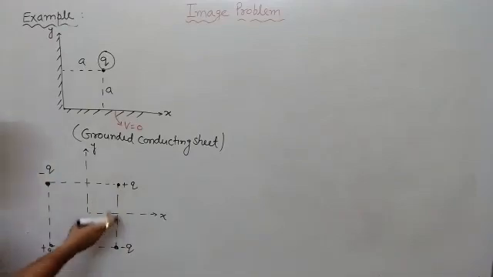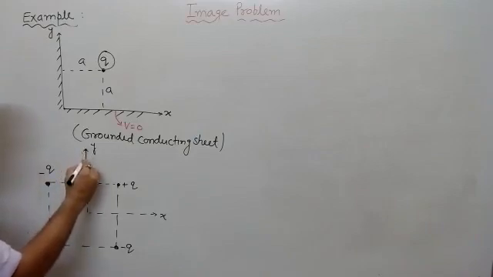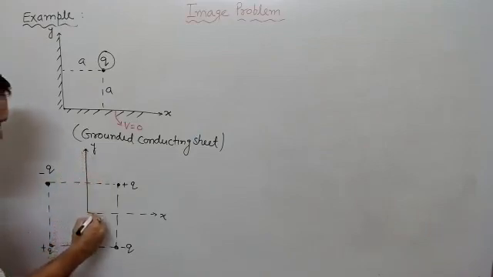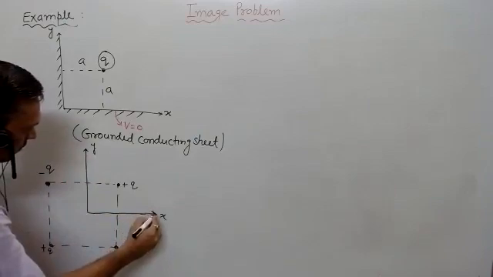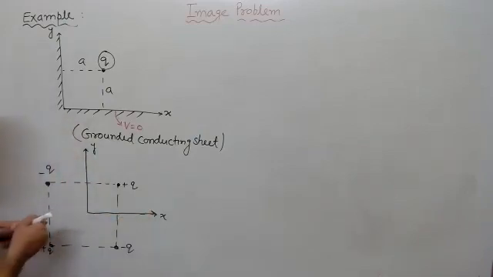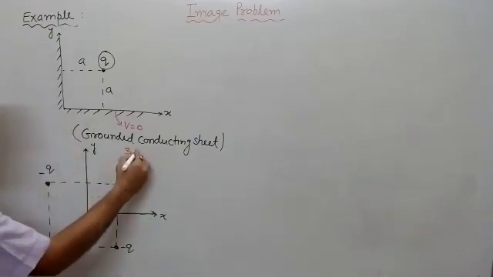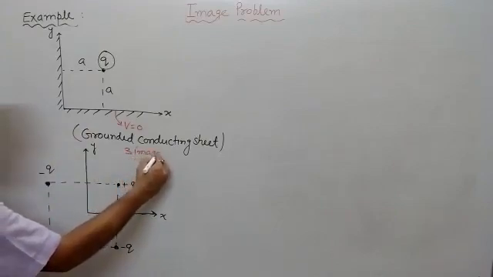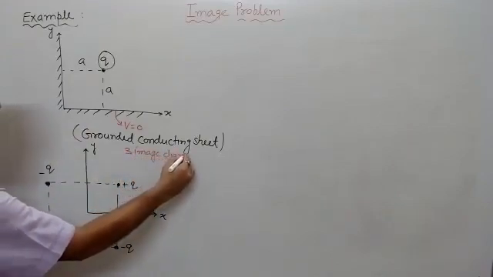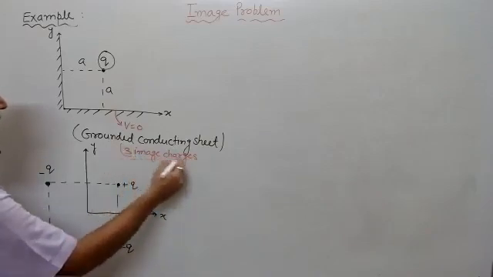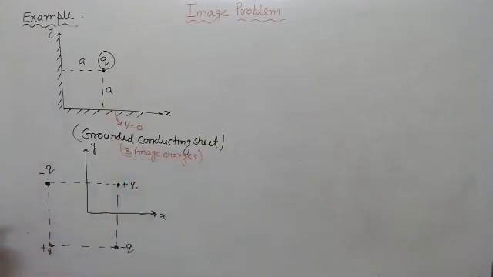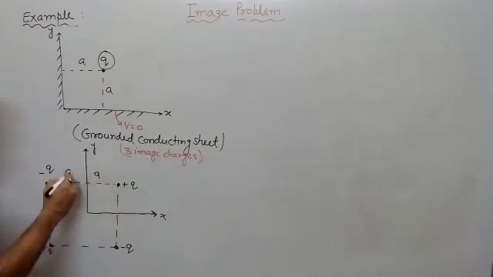In this case, you will get 3 image charges. Only then the potential on the xy plane must be 0. And they are at the same distance AA here.